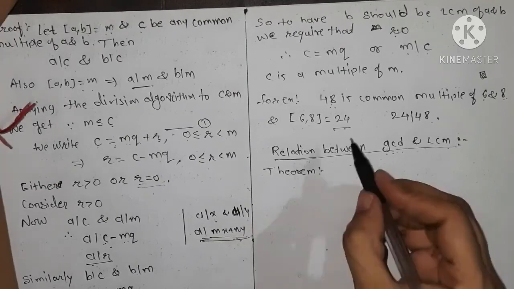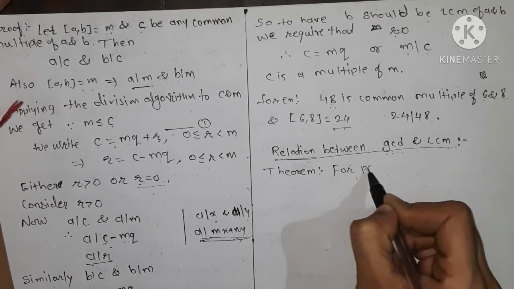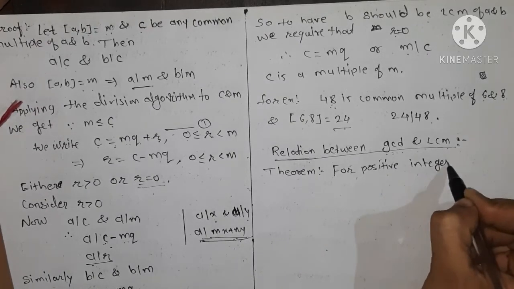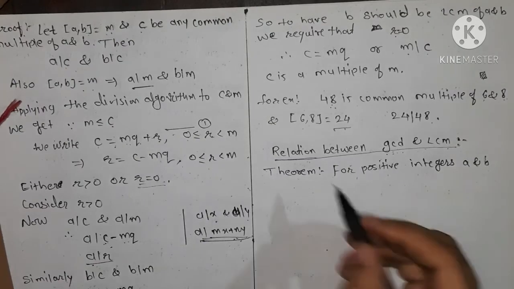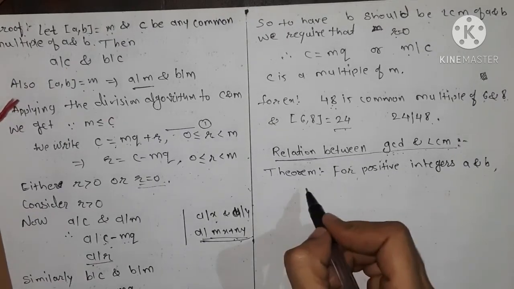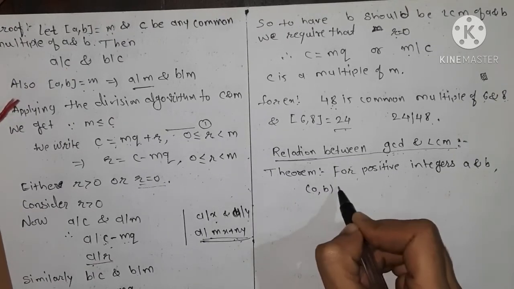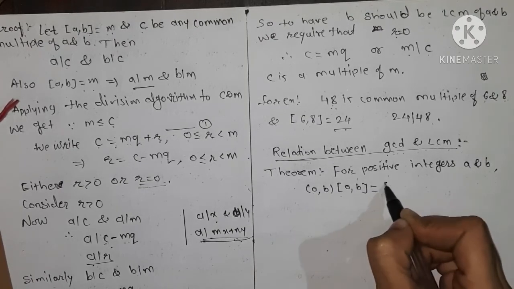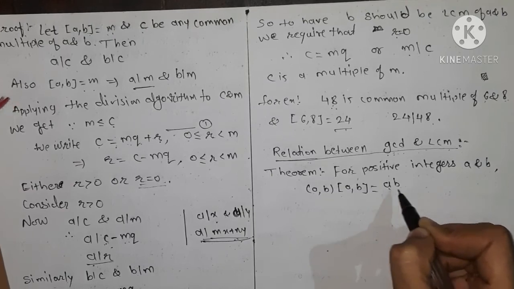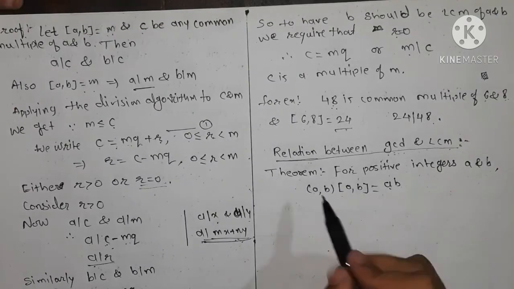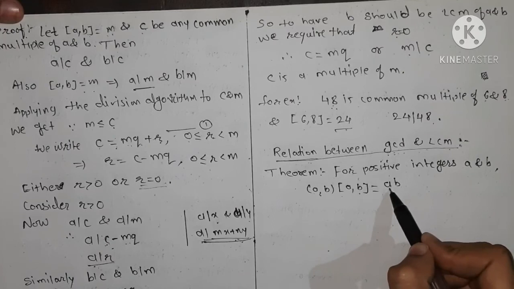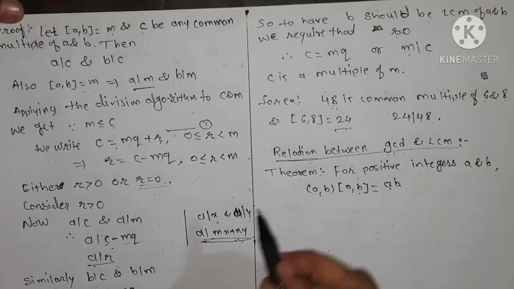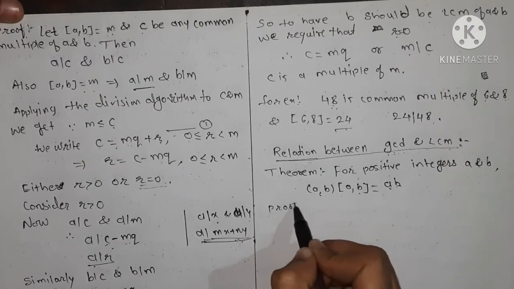We state that for positive integers A and B, the GCD of A, B into the LCM of A, B is equal to the product of the integers A into B. Okay, so if we know the GCD, then LCM is equal to A into B, that is, the product of the integers divided by its GCD.